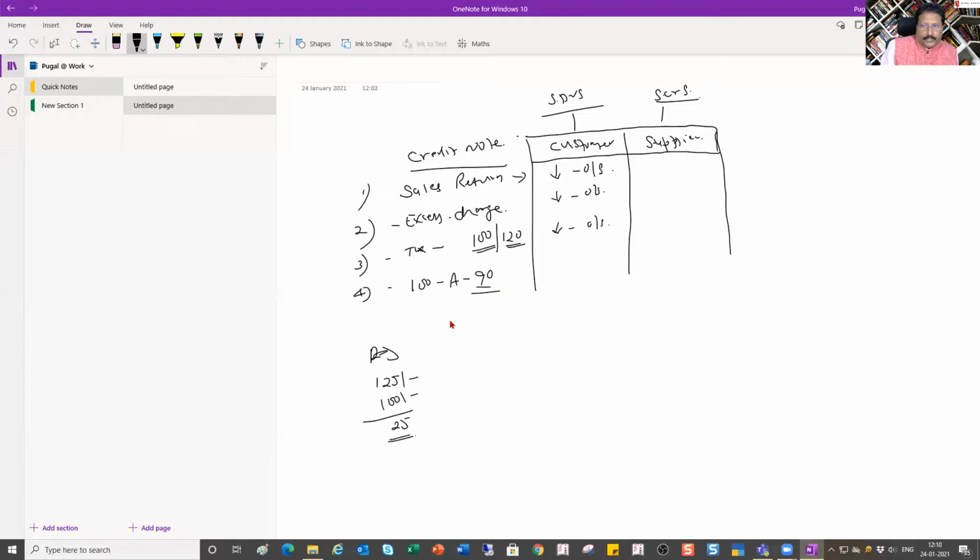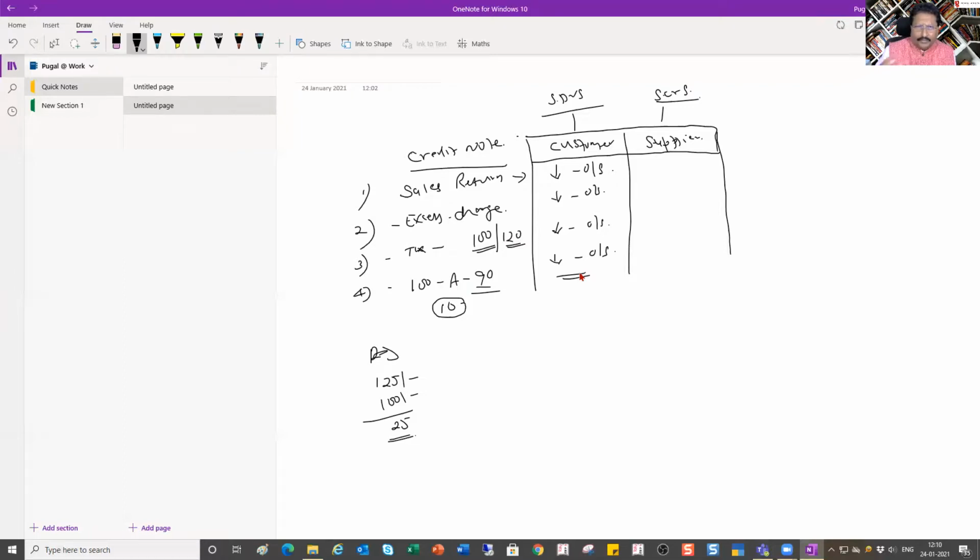You have to reduce the value of 10 numbers, which was billed excess to the party. So you are going to pass a credit note, so that it can reduce the outstanding amount of your customer. So broadly, these are the four use cases.